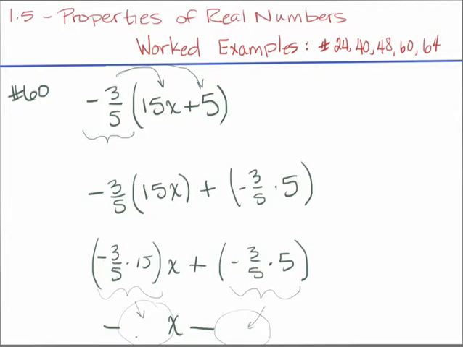If 1/5 of 15 is 3, then 3/5 of 15 would be 3 times that, or 9. 1/5 of 5 is 1, and 3 times that is 3. If you'll remember, a minute ago, that's the final answer I got. It was up here in that version of the problem. So that's just a little mental trick that I sometimes use when I'm multiplying with fractions.